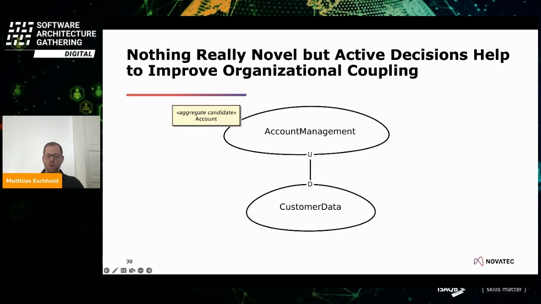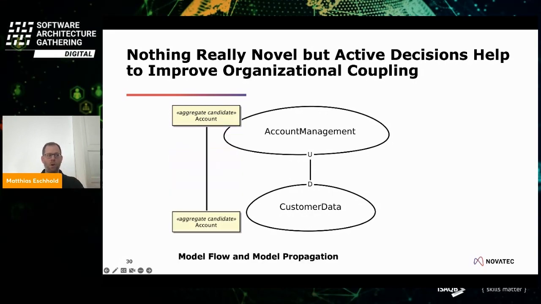If we now use the account aggregate in the customer context, then we have a model flow from one bounded context to another and a model propagation into the consuming context. As a result, this means a high coupling based on the domain model, because if account management changes the model, this action affects the downstream, the customer data context.